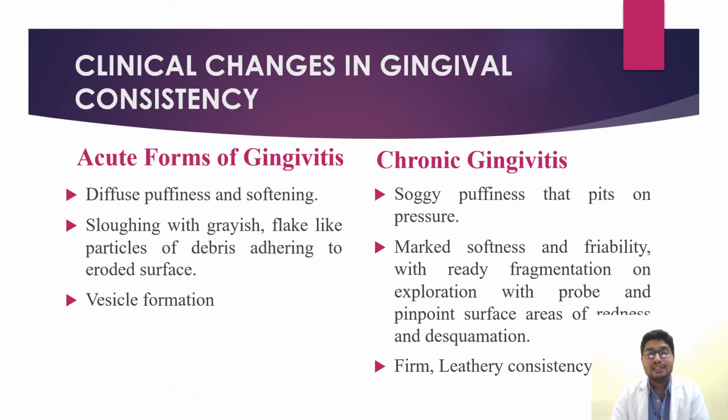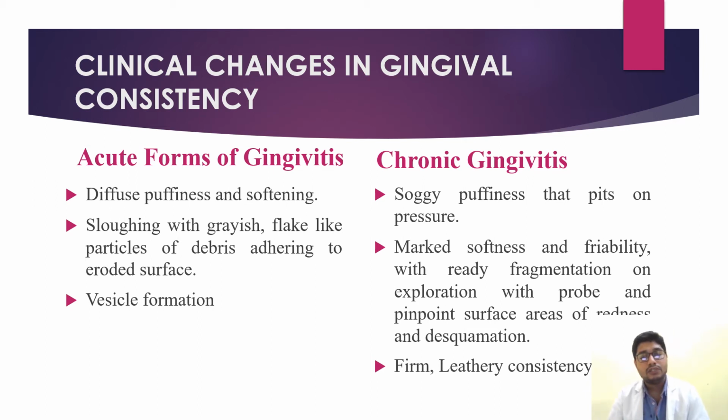In the acute form, the clinical changes in gingival consistency are diffuse puffiness and softening. At this time not much reparative change happens, which is why we see soft puffiness of the gingiva. There is sloughing with grayish flake-like particles of debris adhering to the eroded surface, and vesicle formation can be seen in acute forms of gingivitis.